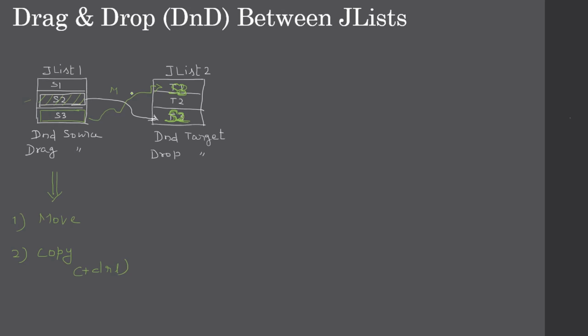So this is what is called a copy operation. So in move, the item will be removed from the drag source, and in copy the item will get copied. That means it will not get removed from the source.